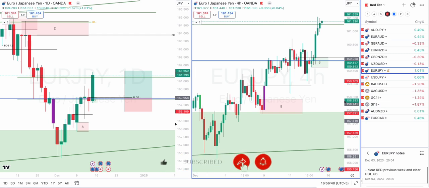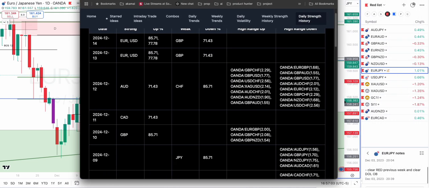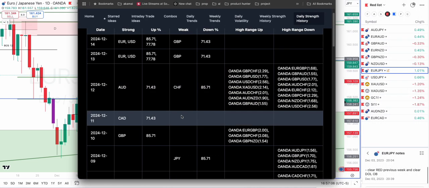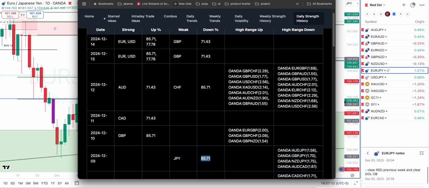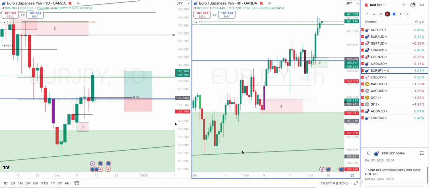So what happened basically was we got a signal that JPY has started acting weak. Let me share that with you guys. We got that signal on 12/9 that JPY has acted weak with 85% reaction. So when that happens, that means JPY, which we said was strong, has started acting weak.